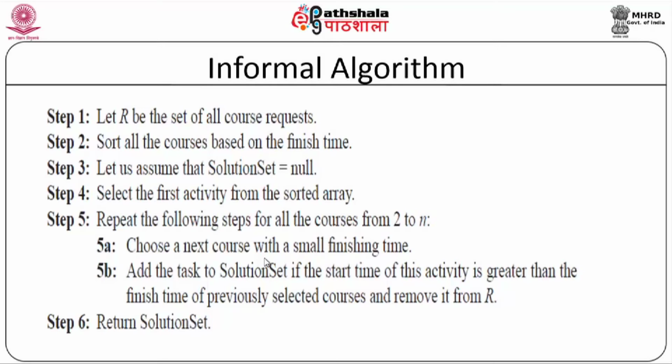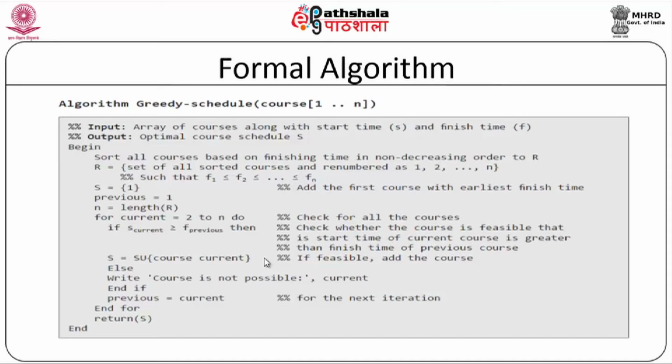You can see that for course selection, we are starting a loop, we are selecting an initial course, the next course we are taking and we are checking whether it is feasible to schedule, or otherwise we are going to reject that. This is a formal algorithm.